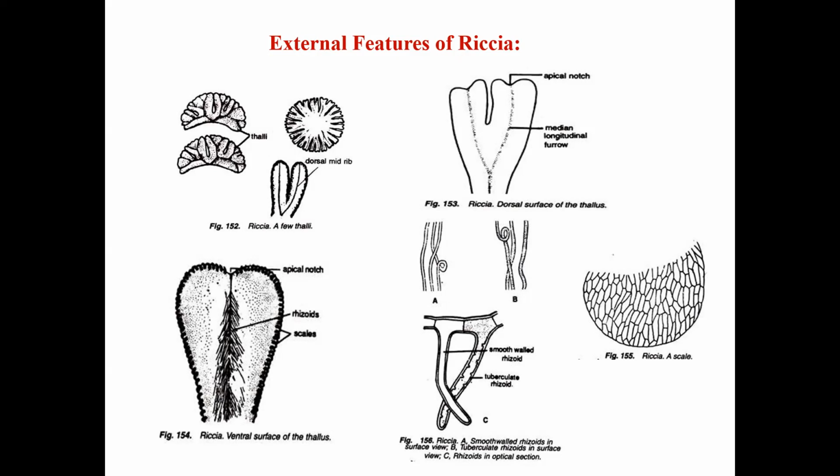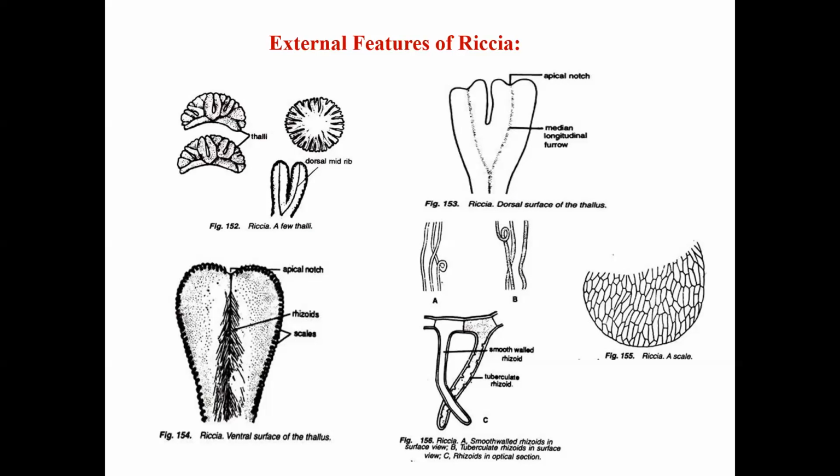The dichotomous branching of the thallus is found quite close together, and thus a rosette-like appearance is attained. A conspicuous median longitudinal groove is found on the dorsal side of each branch of the thallus.